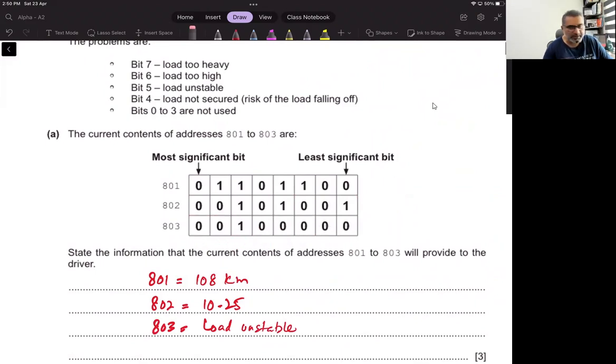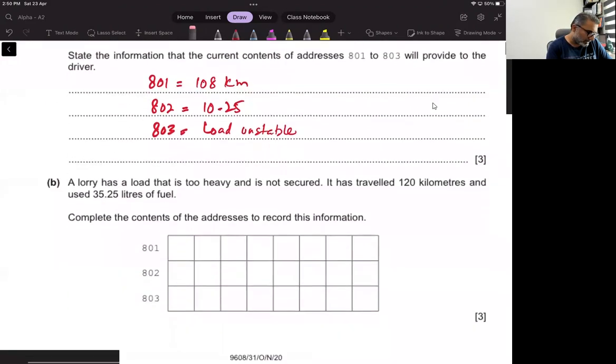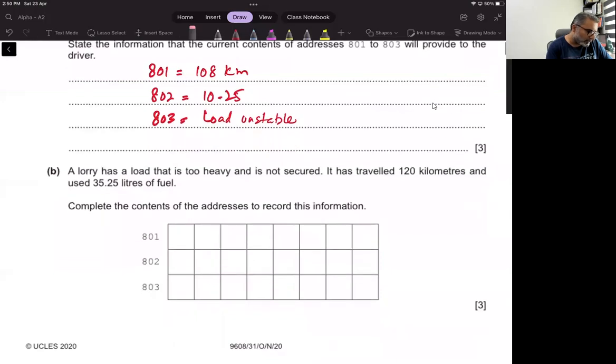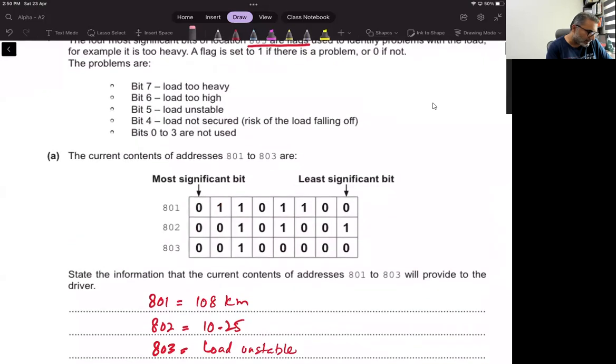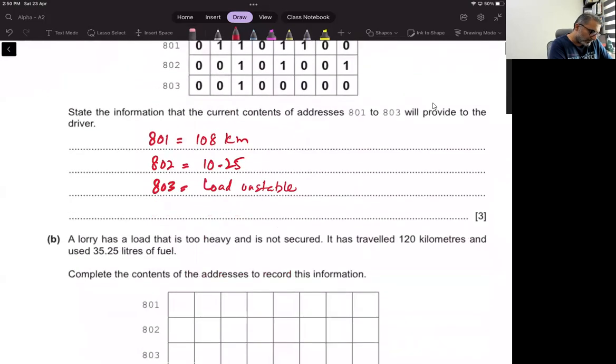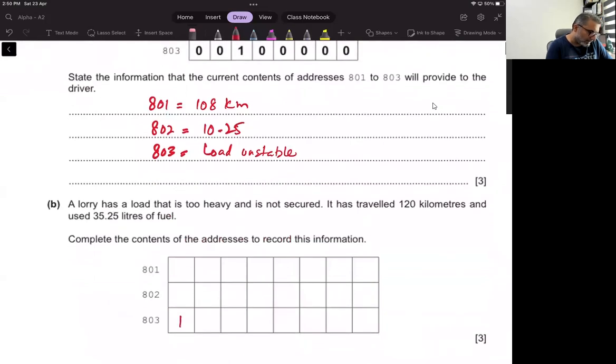Okay, so they wanted to check if you can read the same binary patterns for different purposes and different formats. A lorry has a load that is too heavy. So heavy is basically bit 7. So this is 803, so this is too heavy, and it is not secured.